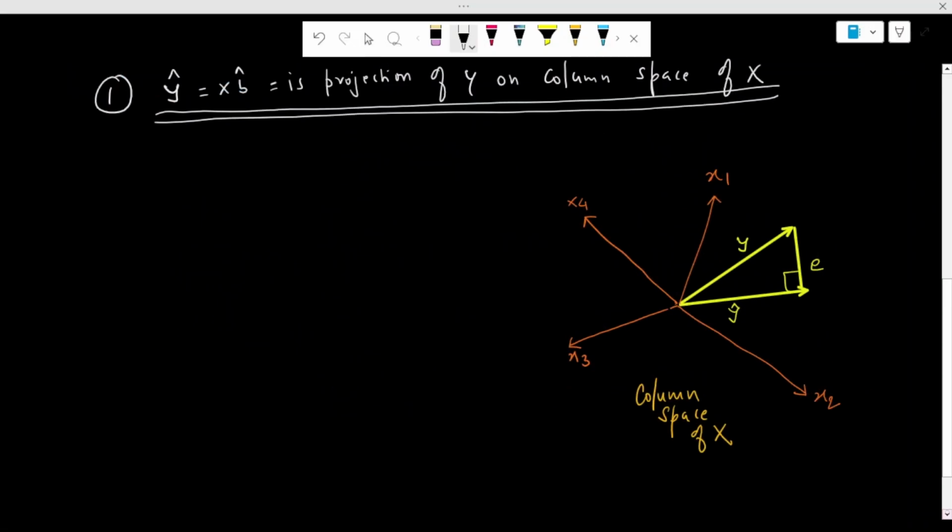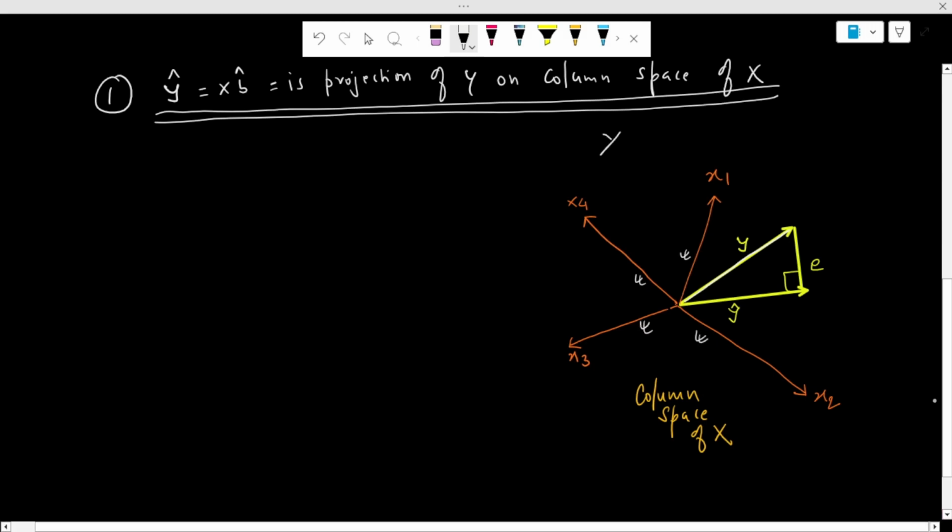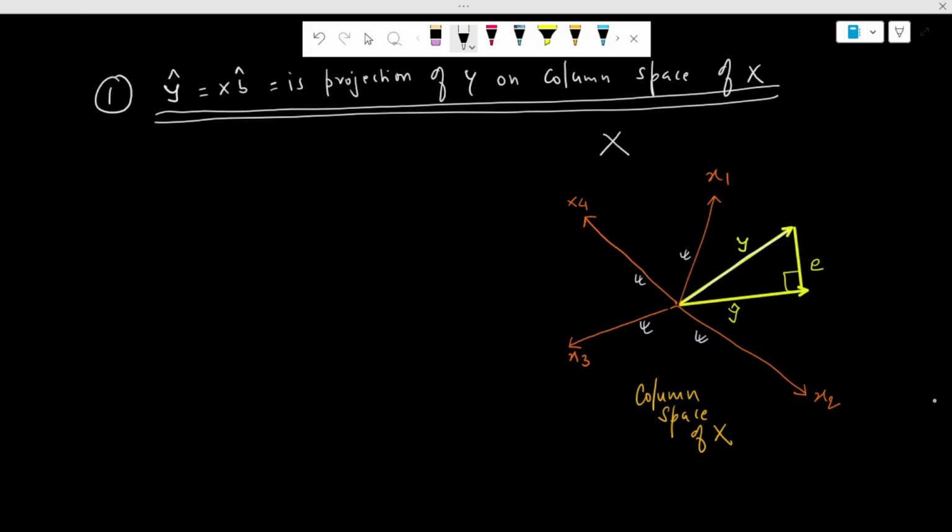So the graph on the right represents the projection of y on the column space of X. So this is our hypothetical graph. If matrix X is represented as the matrix of independent variables and it has k columns, then the fitted value of y is the projection of y in this k-dimensional space, such that the error term is orthogonal to the fitted values of y.